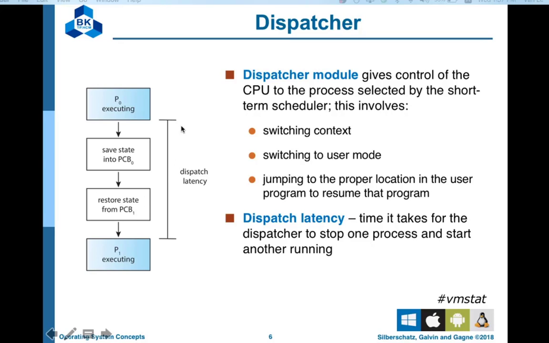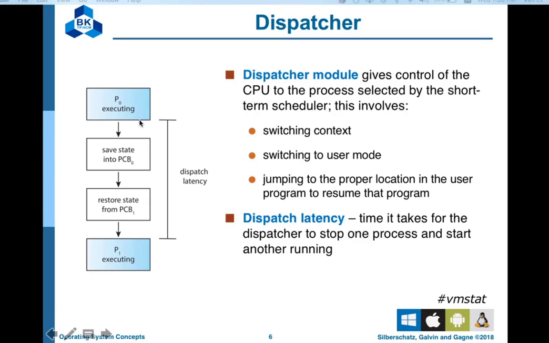So the dispatch latency here is the time it takes for the dispatcher to stop one process, P0 for example, and start another process, P1, so that P1 can execute.